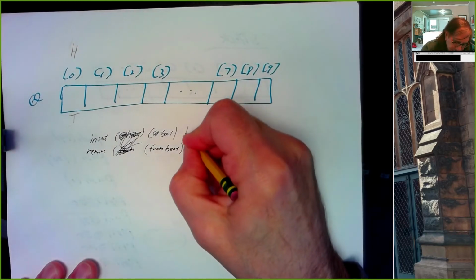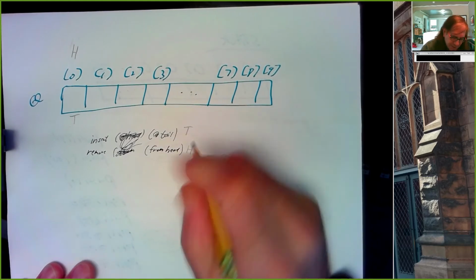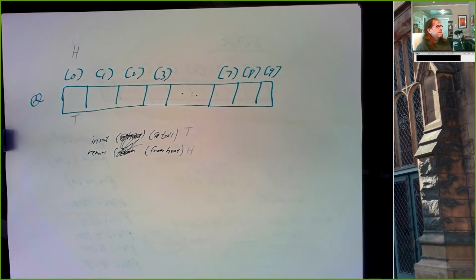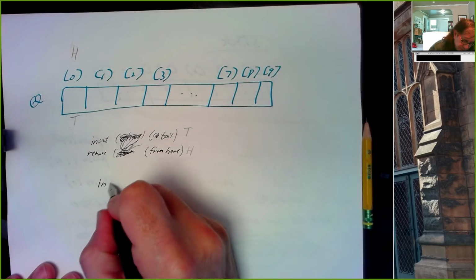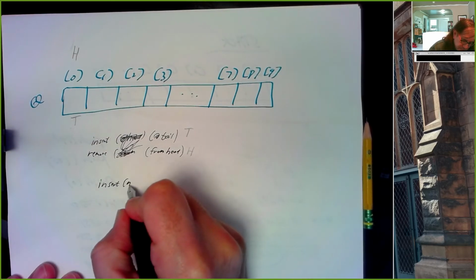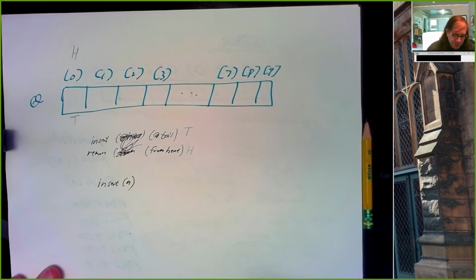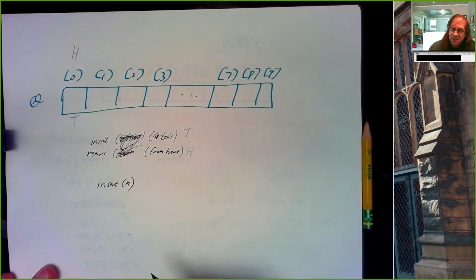So the tail is T, the head is H. All right, so what does insert do? Well, we're going to insert at the position given by the tail.